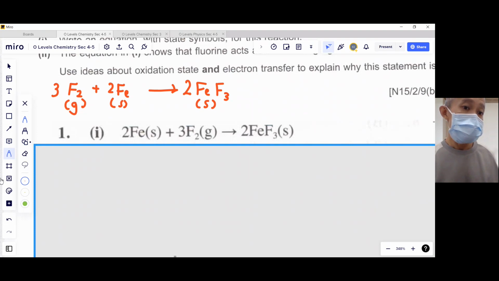I write them down, but you should really try to work out what their OS are. F2 is an element, so OS is 0. Iron is an element, it's not a compound. OS is also 0.